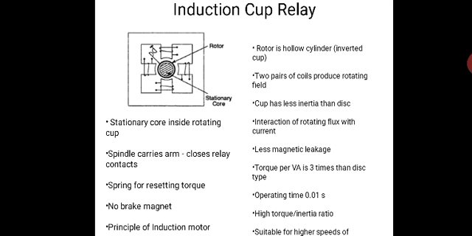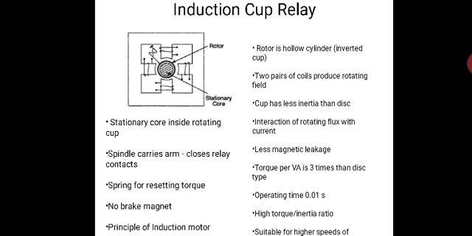The moving element is a hollow cylindrical rotor which turns on its axis. The rotating field is produced by two pairs of coils wound on 4 poles as shown in the figure. In the 4-pole induction cup relay, there is a stationary core inside the rotating cup, and the spindle carries an arm, closed relay contacts, and a spring for restraining torque, with no brake magnets.